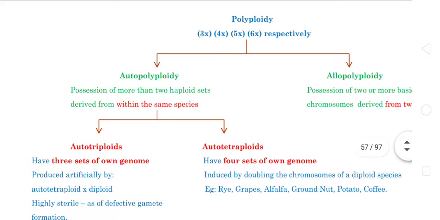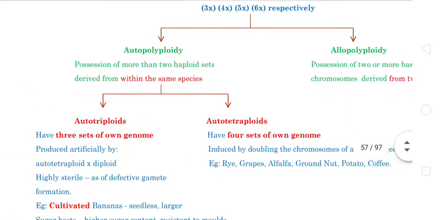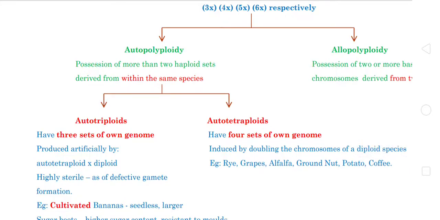Let's see autopolyploidy first. The definition again, I am recalling: the organism possesses more than 2 haploid sets of chromosomes, but within the same species, and it is divided into 2 types: autotriploids and autotetraploids. Tri means 3 sets of chromosomes.